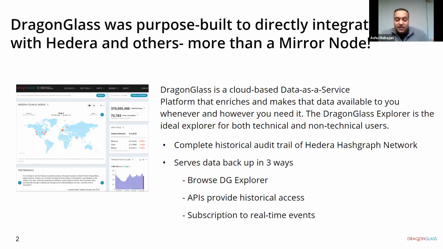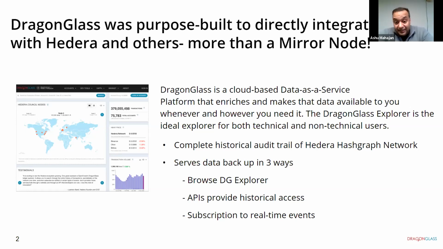There are three interfaces through which you can get the data from DragonGlass. First is the DragonGlass Explorer itself. You can see on the screen, on the left-hand side, a snapshot from DragonGlass Explorer. You can search on this Explorer for transactions, accounts, contracts, messages, and in future also the tokens.